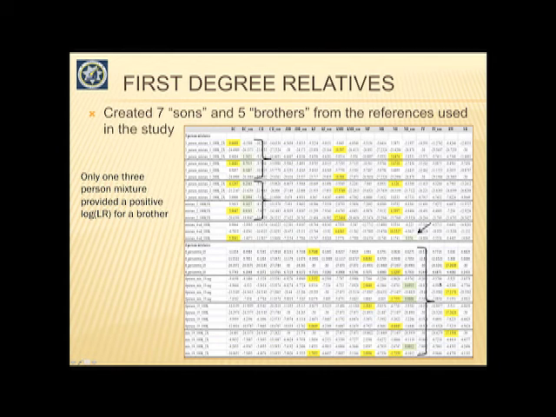For mixture 19, what we see is 4 different independent analyses of mixture 19. In 2 of those, the son of NH, who is a true contributor, did not provide a positive match score. And in 2, the son of NH did provide a positive log likelihood ratio, but it was not reproducible. We're getting mixed results here.